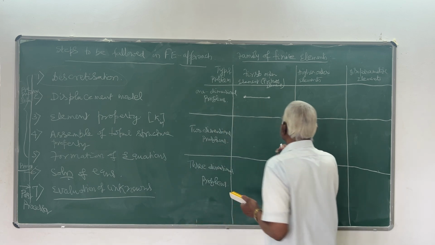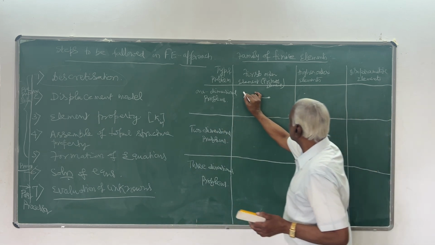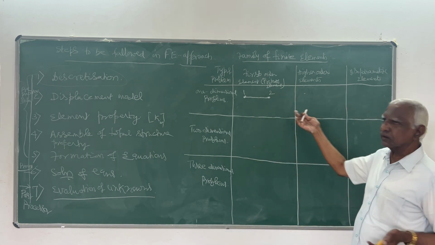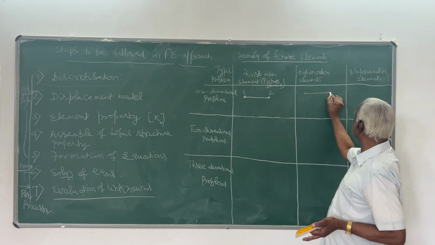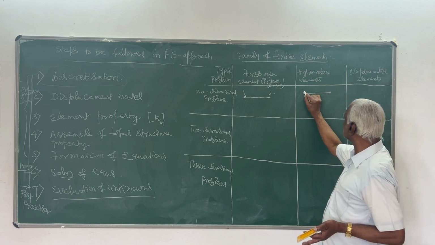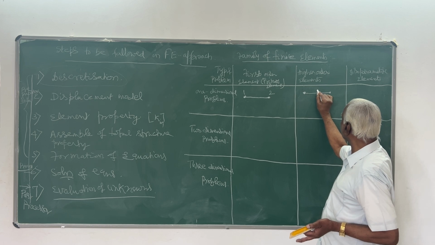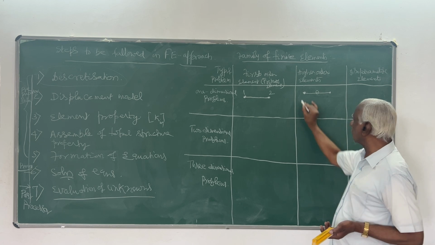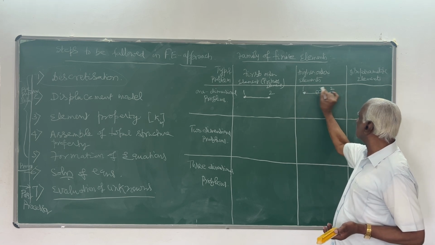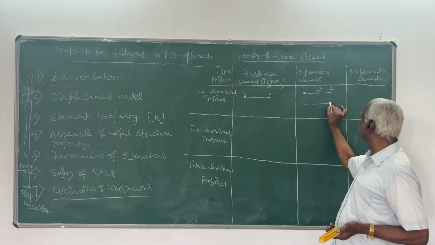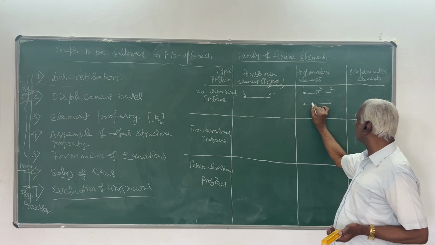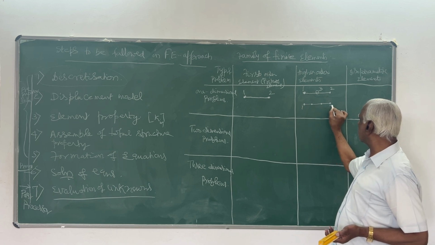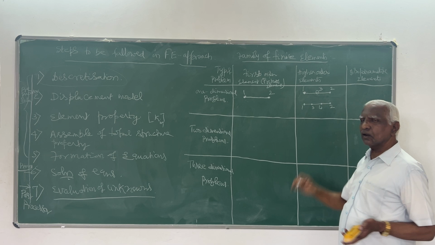In the higher order elements, so this node 1, node 2, left node, right node. So next, here in the higher order elements, you can choose one more node, internal node, or maybe one internal node, or you can choose more number of nodes. Maybe at 1/3 points, you can choose one node, two internal nodes, like that.